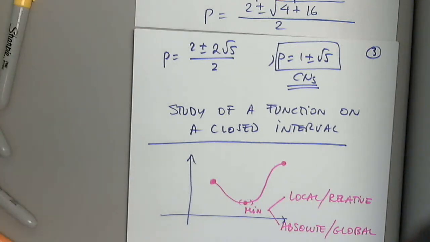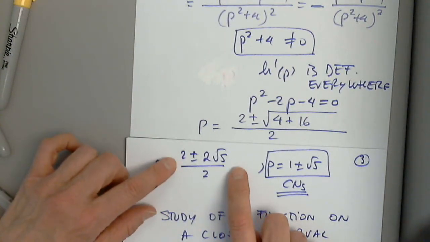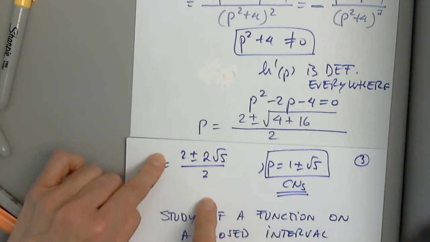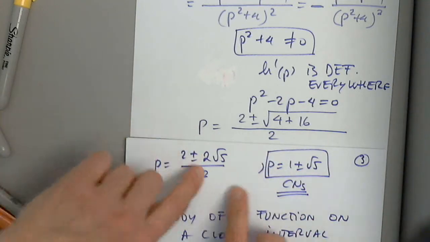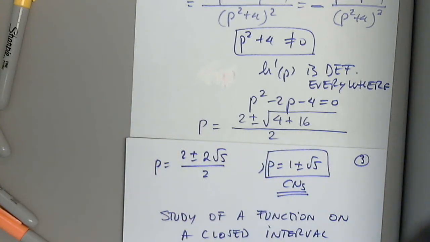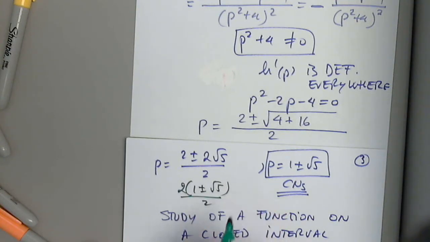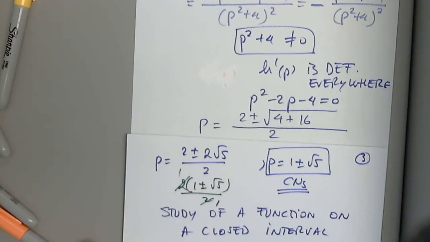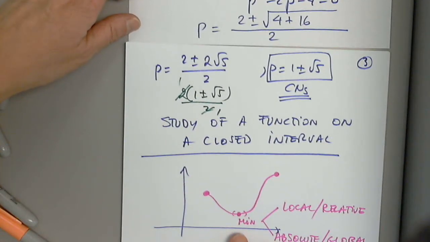So you just pulled out a 2? You mean from here? Yes, I factored out and simplified it, or I separated it. 2 over 2 is 1. 2 square root of 5 over 2 is the square root of 5. So you either write 2 parentheses 1 plus or minus the square root of 5 over 2 and you simplify common factors, or you separate the fraction and you simplify each fraction by itself.